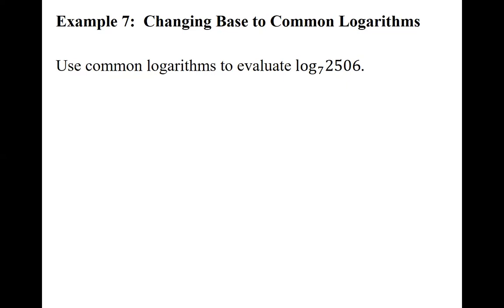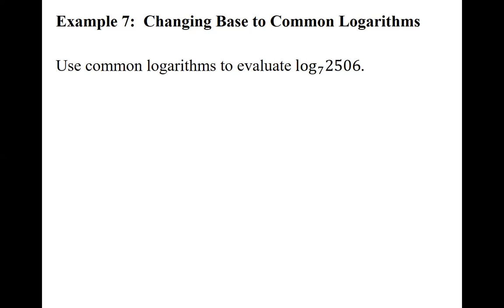How is this useful? Well, here it says to use common logs to evaluate log base 7 of 2,506. This feels like a calculator problem, right? The problem is there is no calculator button for log base 7. We do have the common log button.